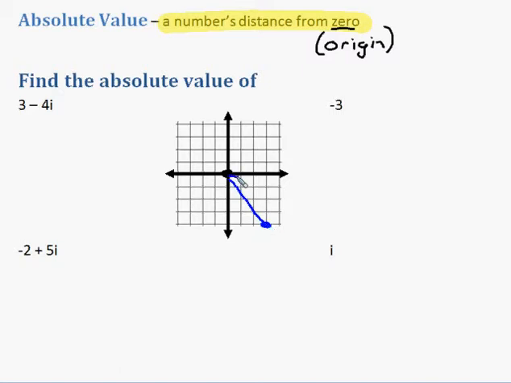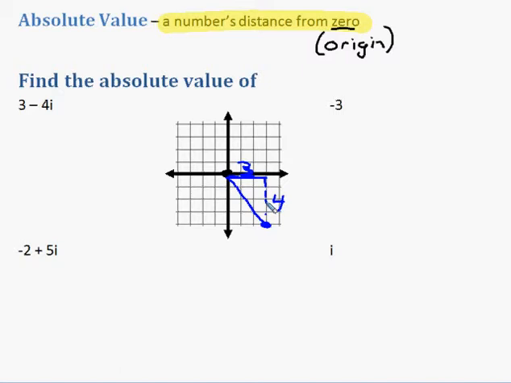And so what we can think of here is we have this right triangle. If we know these two sides, well, our real part was 3. This length was 4. It's actually -4. We can find this part here of our right triangle, our hypotenuse.